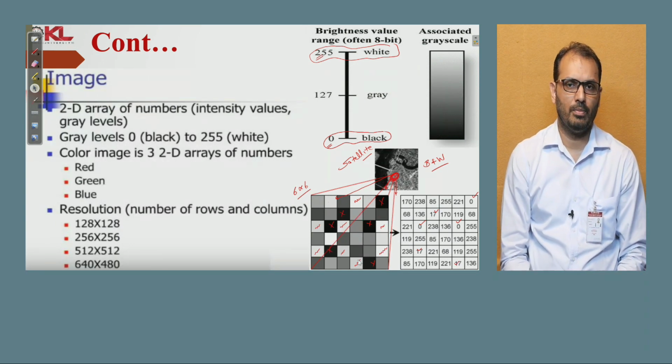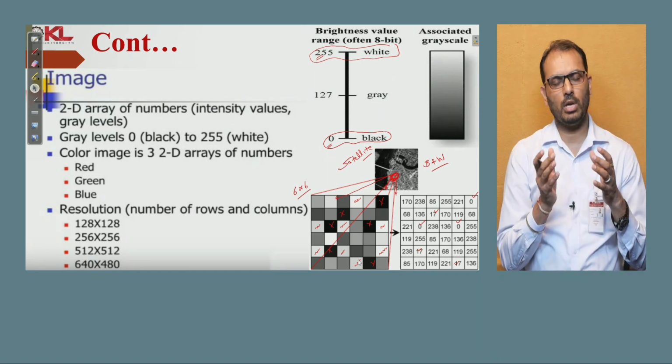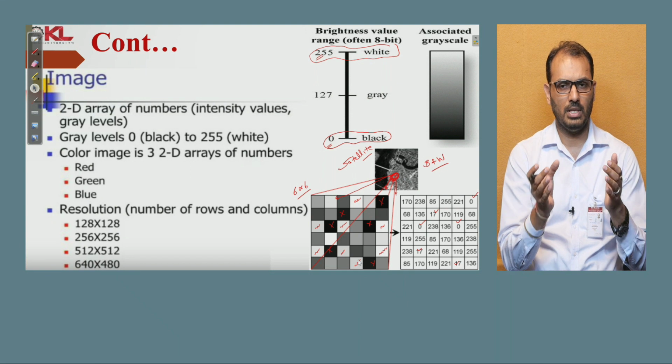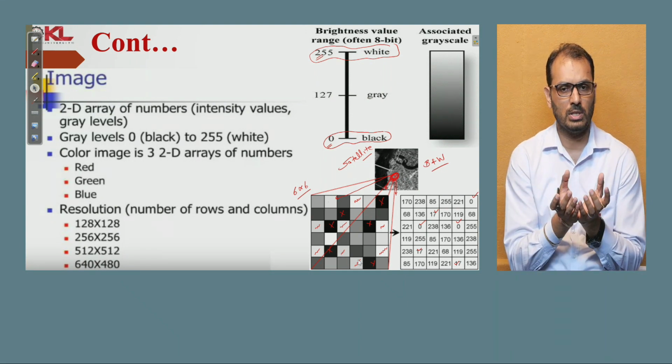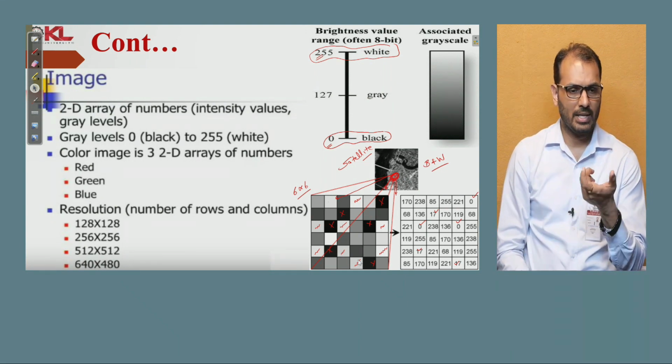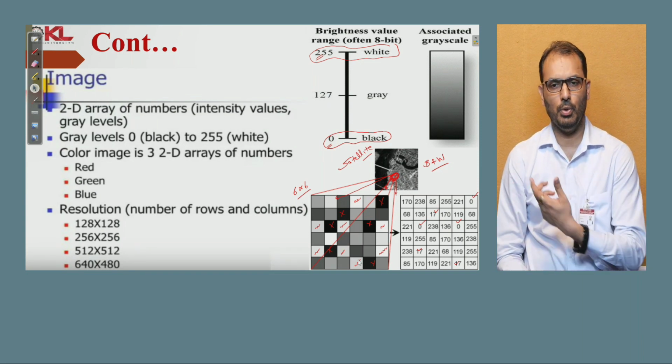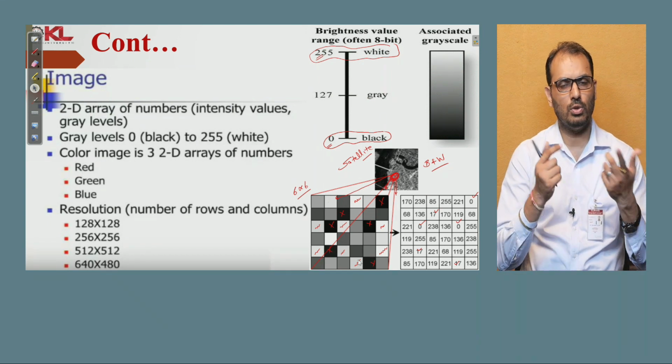This is black and white. If I'm talking about RGB, RGB has 3 different feature maps. This one is only 1 because we consider black and white. So in RGB you get 3 feature maps, one for red, another for green, and the last one for blue. But values lie between 0 and 255 only.